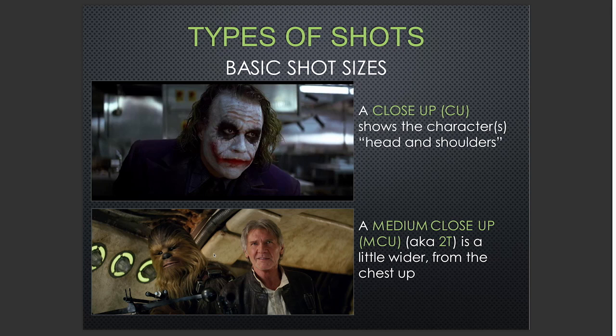I want you to think about some differences that you see right here versus this close-up shot. Hopefully, what you should notice is that you can see a little more of the chest, versus with this one it's just kind of at his neck. You've got a little shoulder in there, but it's really close to his neck and his face. But over here you're at the chest area and it's wider because you've got two people in it, and you can see the same coverage on both of them. All right, but that is the medium close-up.